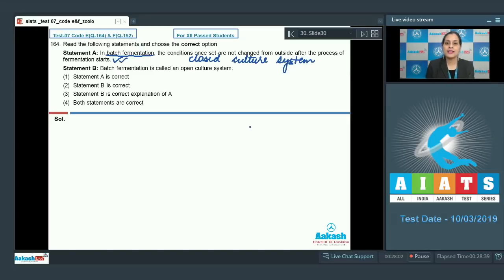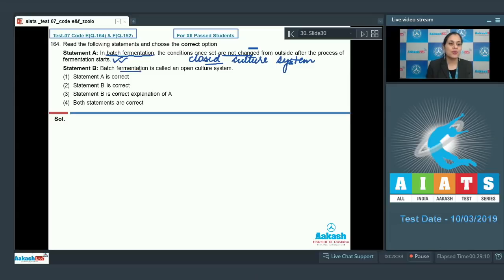It is in the continuous culture system that the used medium is drained from one side while the fresh medium is added from another side to maintain the cells in their physiological or most active exponential phase. In batch culture, the initial conditions, once set, remain unchanged. They are not changed from outside. So it is a closed culture system.